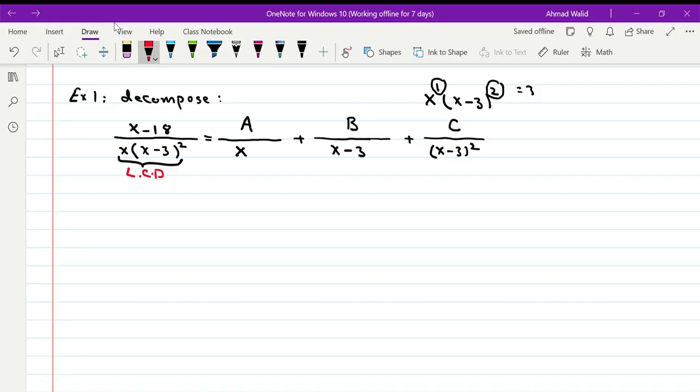Correct? You multiply both sides of the equation with your LCD. It means I will do this.